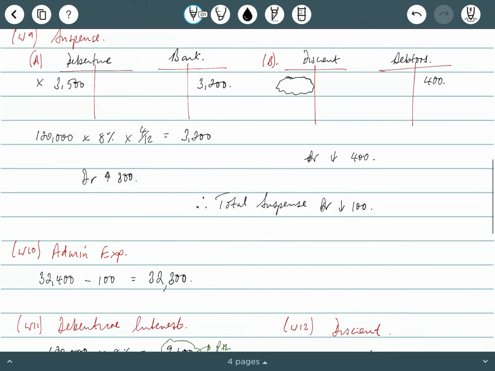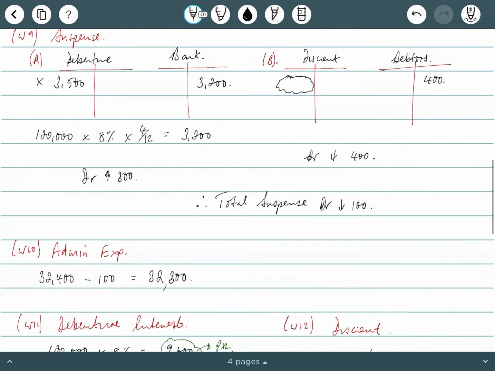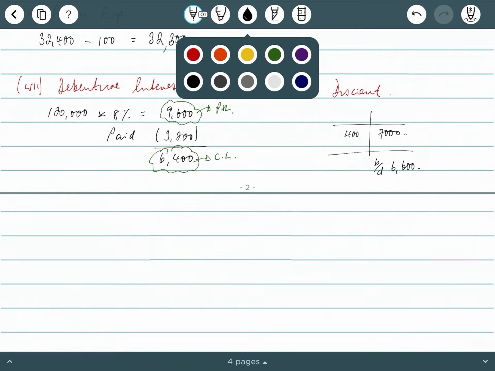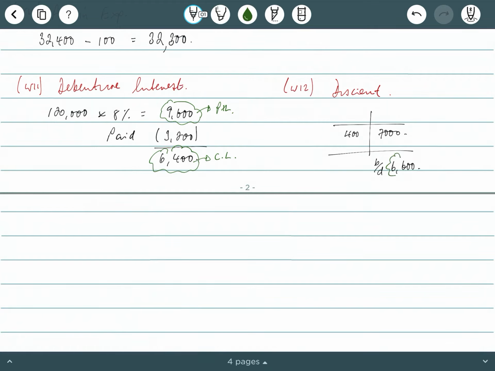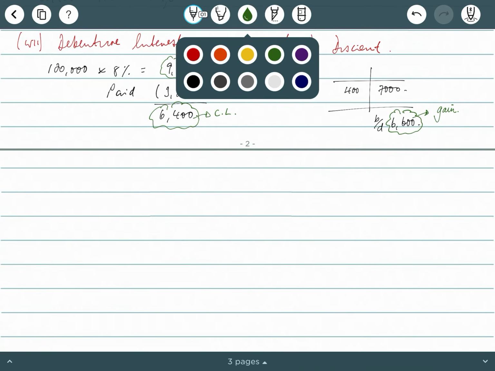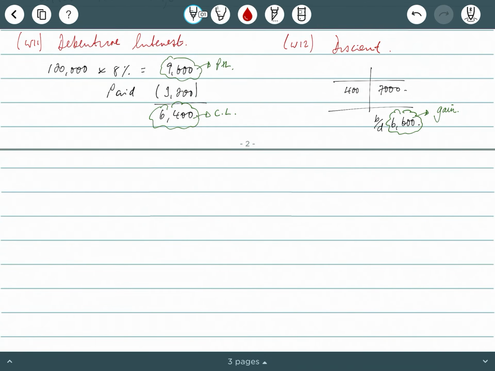If we go back up to working 9B and to the debit side, which gives us a balance of 6,600. Again, that 6,600 is in your P&L. Okay, so that's our suspense taken care of.